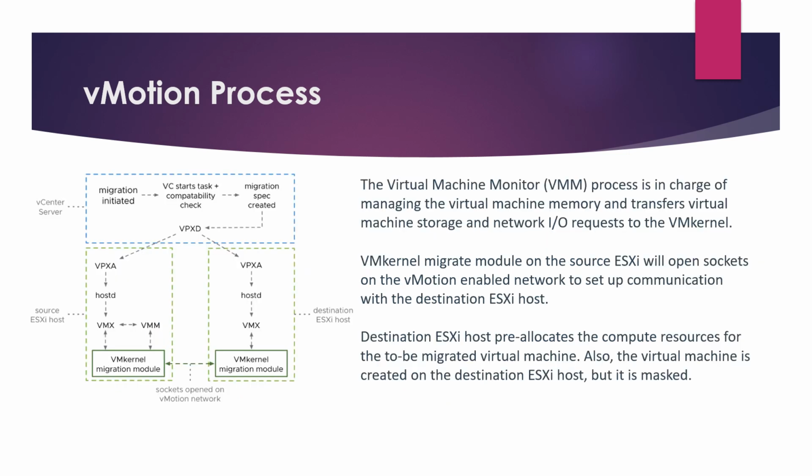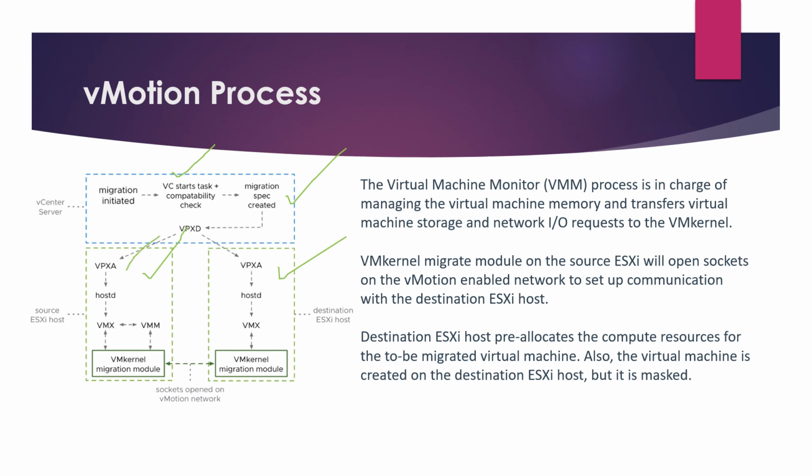So here is the vMotion process before the actual memory transfer begins. The migration is initiated, then the vCenter server starts a compatibility check, then a migration specification is created. This information is shared with both the source and destination ESXi host. And as we discussed earlier, the communication from vCenter to the ESXi host happens like this.